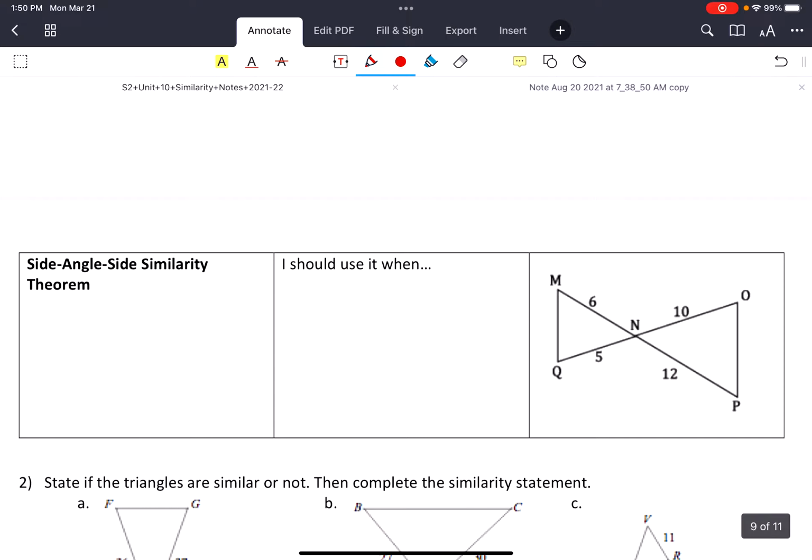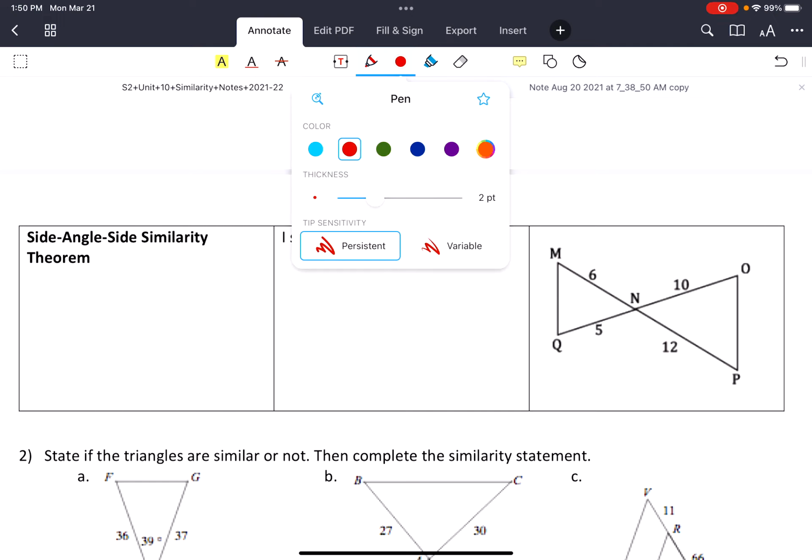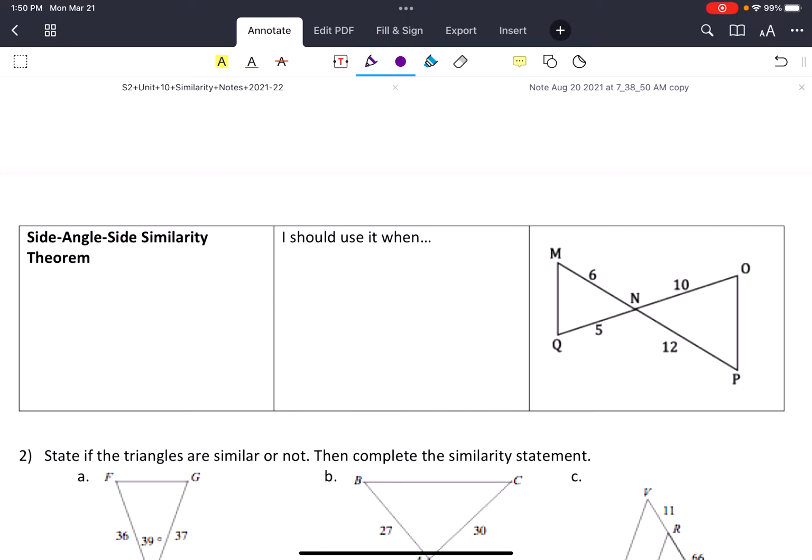Now we are going to learn about side, angle, side. And this definition's a little long, so you might want to write a little small when you're completing it.